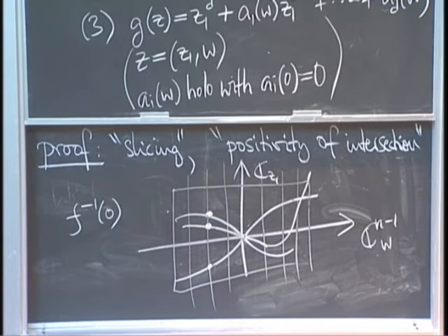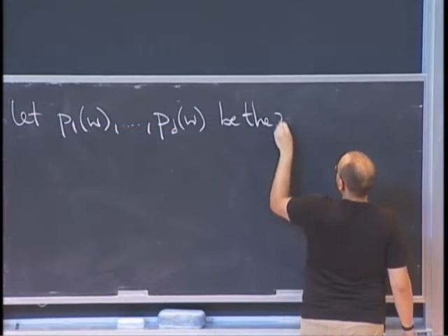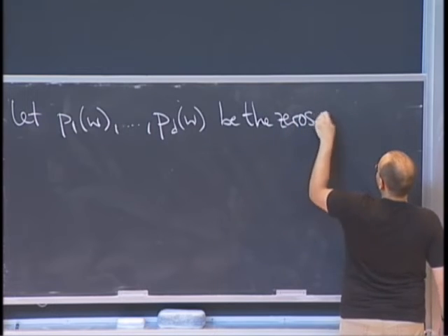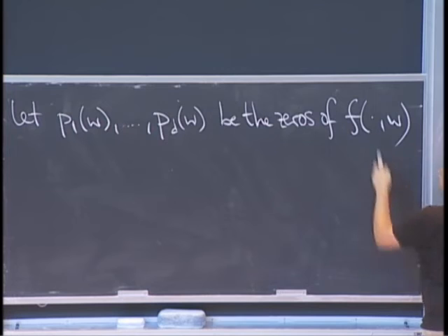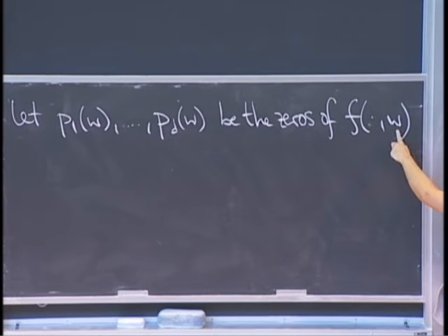So let p1(w), ..., pd(w) be the zeros of my function restricted to the slice with parameter w.